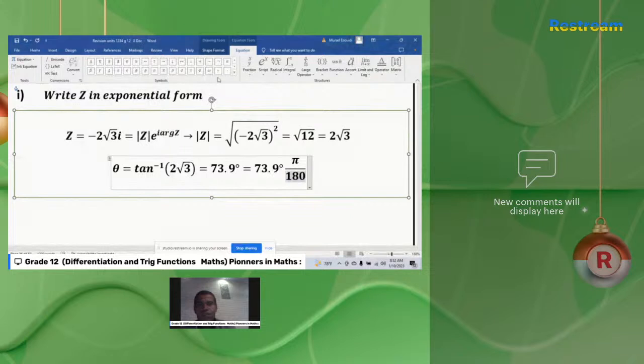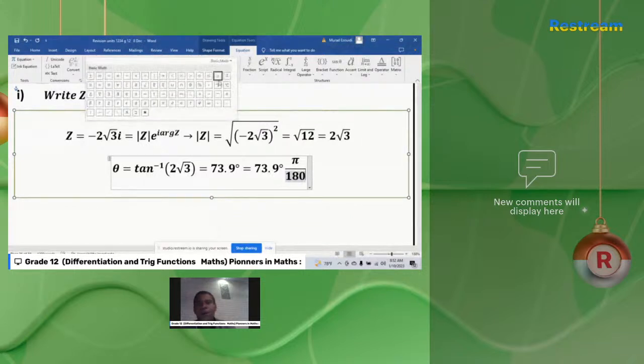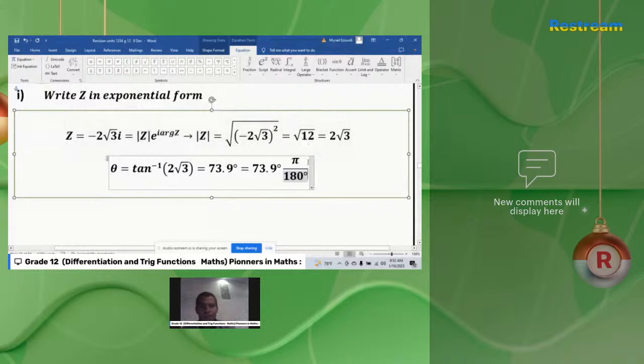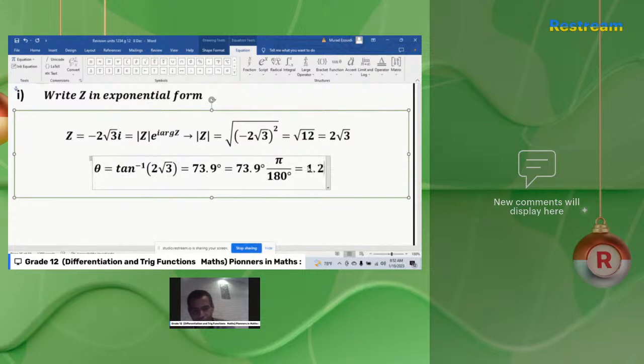I will use the calculator. So it will be approximately 1.29 radians. So this is the angle, learners.